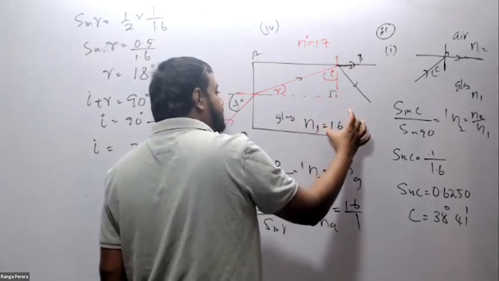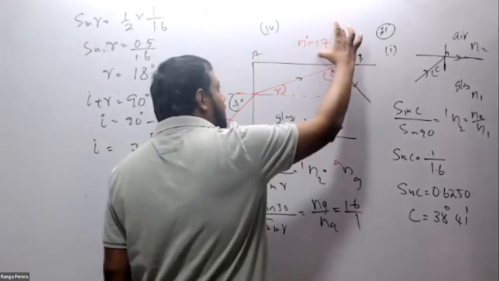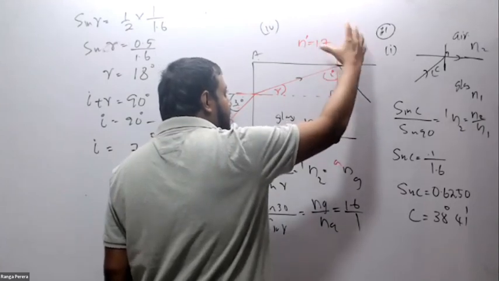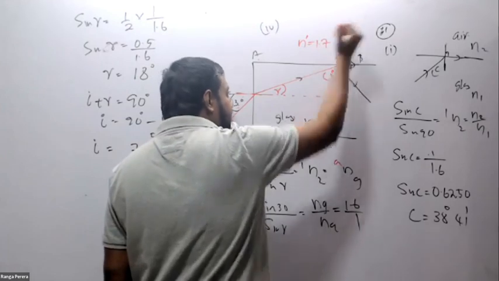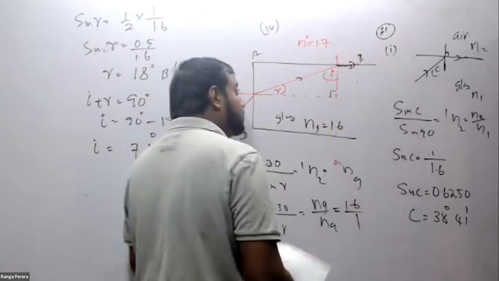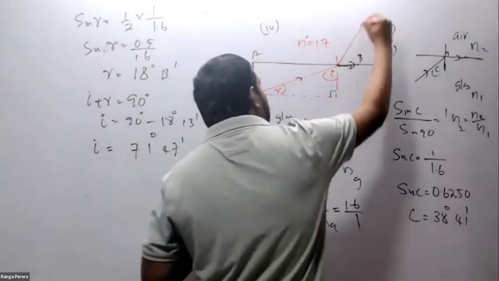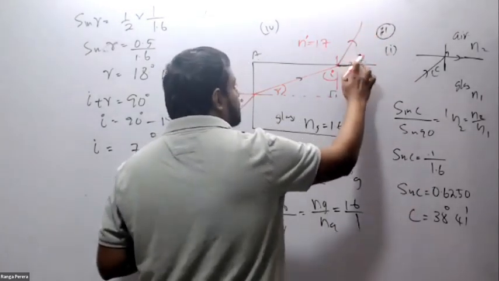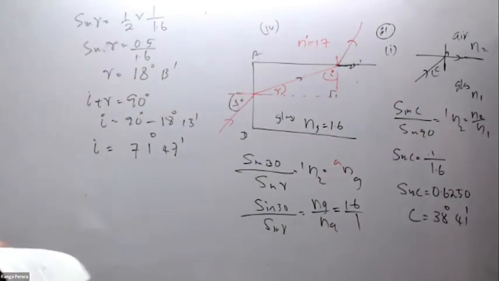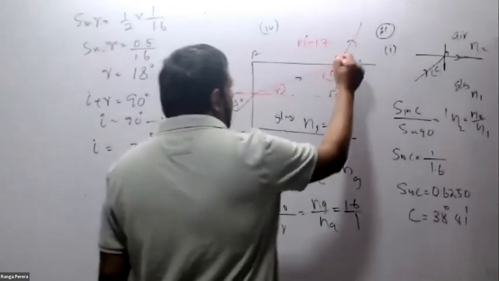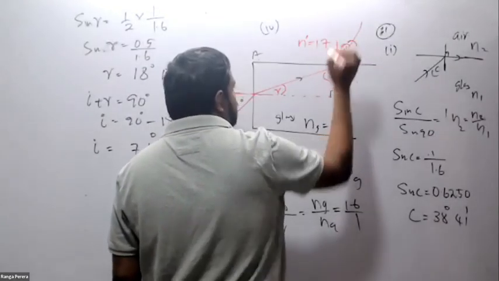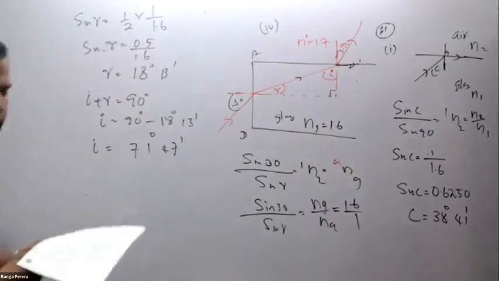Refractive index of glass is 1.6, refractive index of this particular medium is 1.7. The higher the refractive index, the denser the medium. So instead of bending away from the normal, it bends towards the normal. No total internal reflection takes place here. Let's say this is I and this is R dash. We want to find R dash.